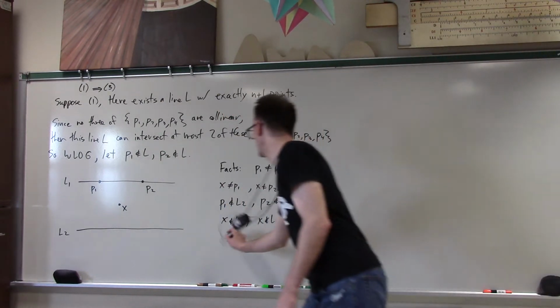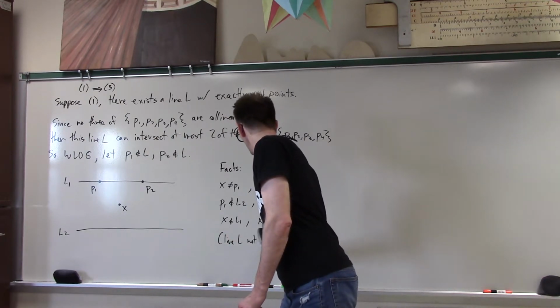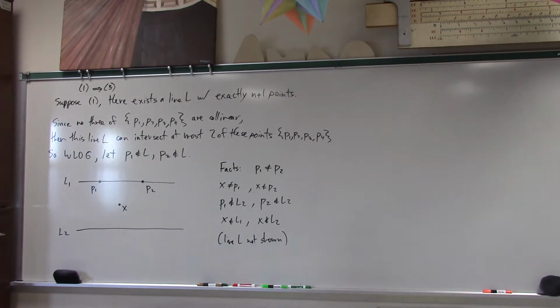And then just like my actual line L, not shown. Okay. Whew. Good. Everyone okay so far? I haven't really done anything yet. Good, yes, shrug is the appropriate response there.